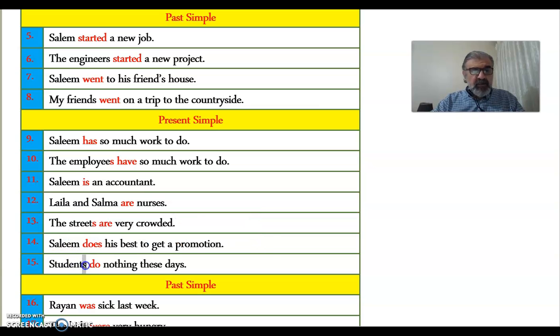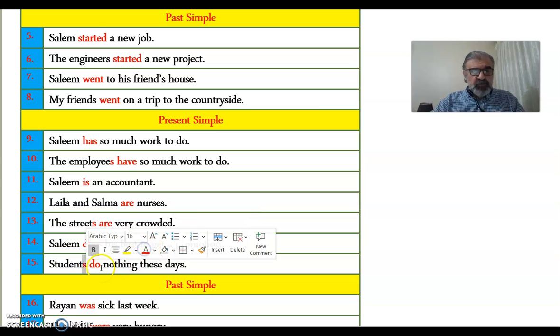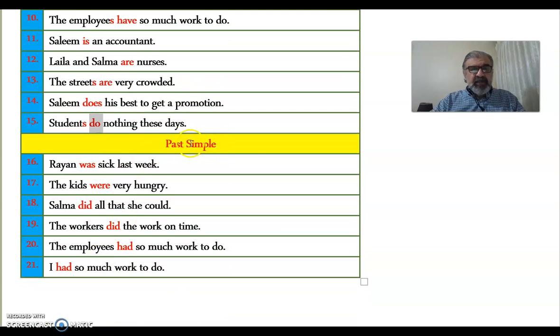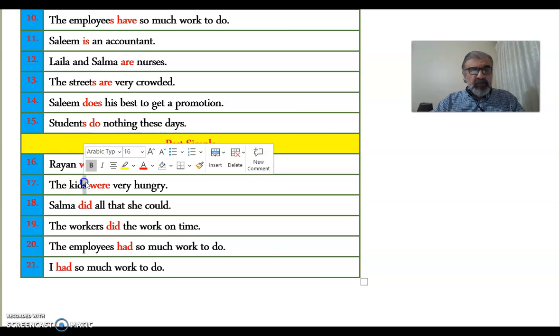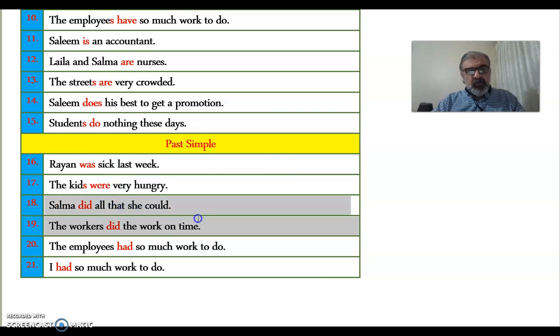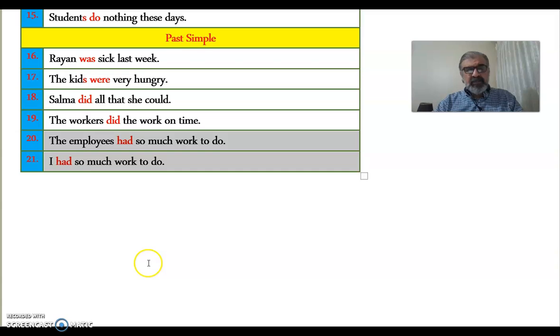Students, plural, therefore we should have do. Now, with regard to the past simple, Ryan, singular, was. The kids, plural, were. Selma, the workers, both singular and plural, and did goes with both singular and plural. Again, the employees had and I had, singular and plural, they all go the same.